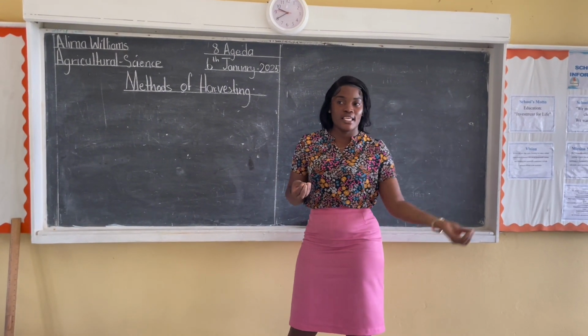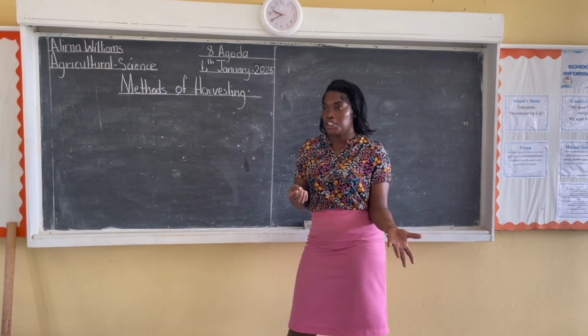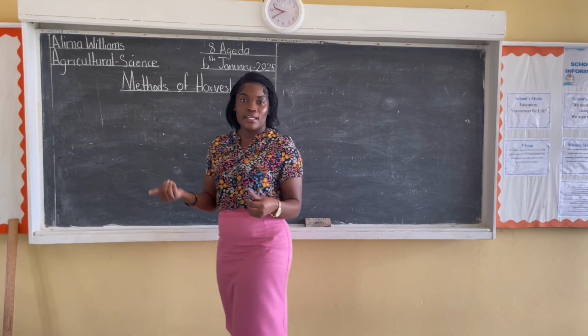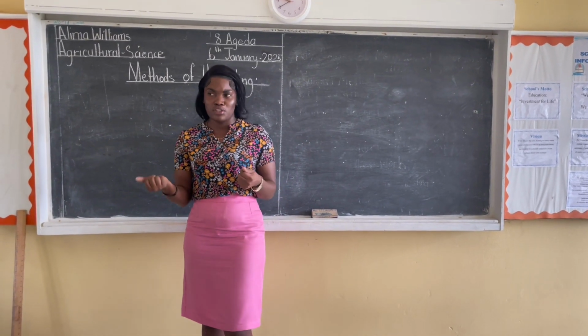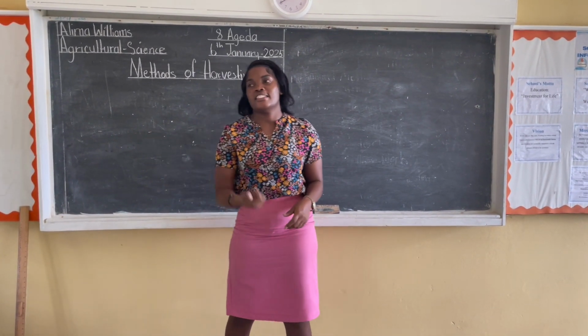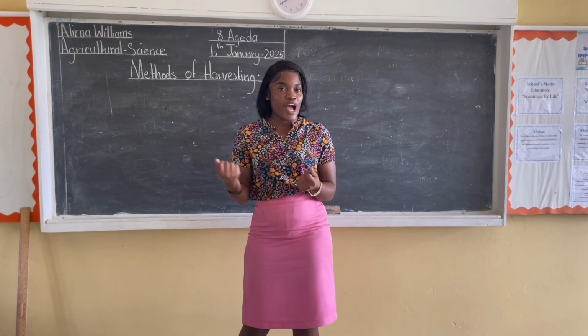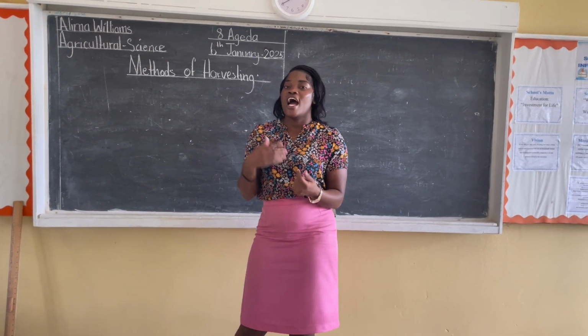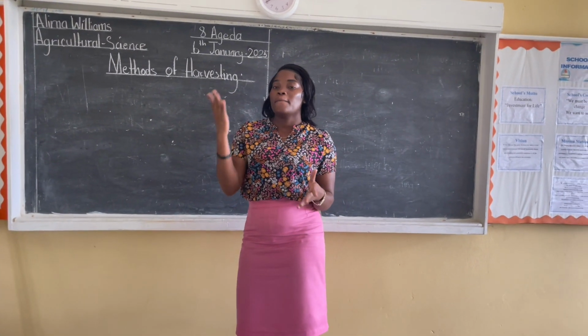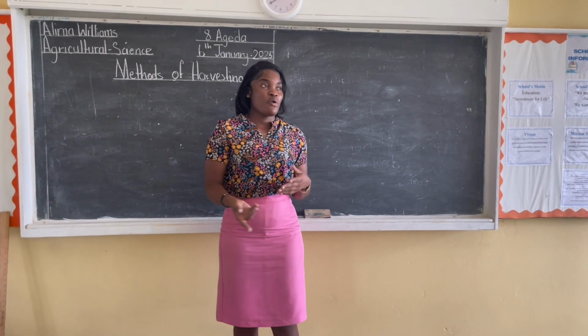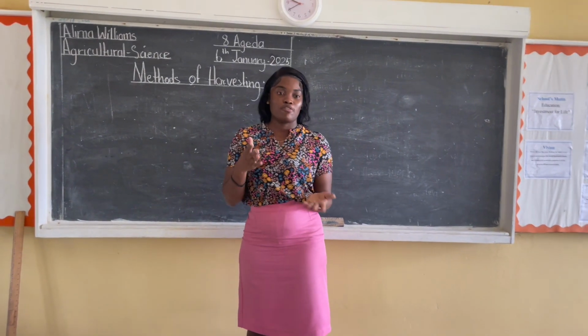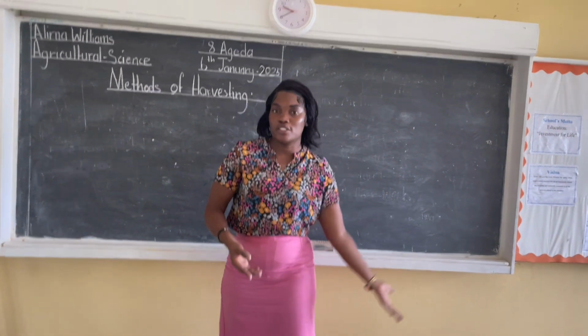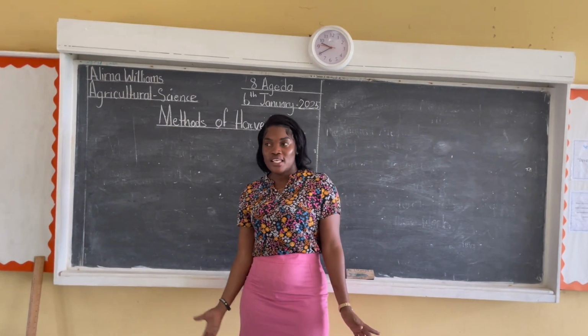We know one entails machinery, very good, and what does the other one entail? Machinery too? Okay, yes, it entails man labor, actual man labor, and that's what we refer to as manual labor. We went on to look at the advantages of both. We know that one is time consuming and one of them is not.